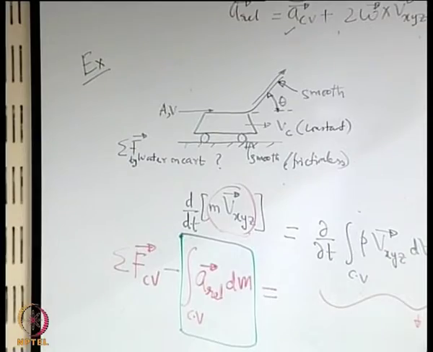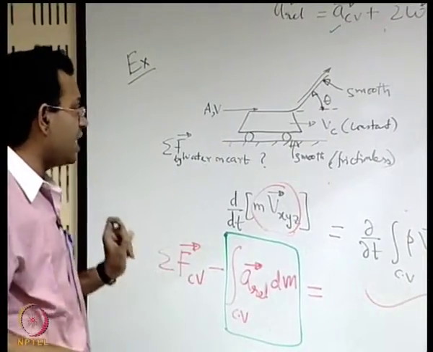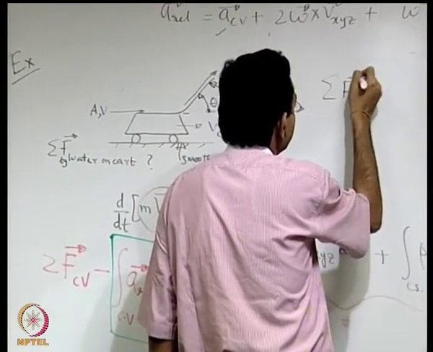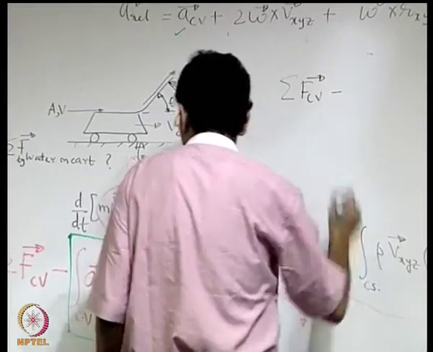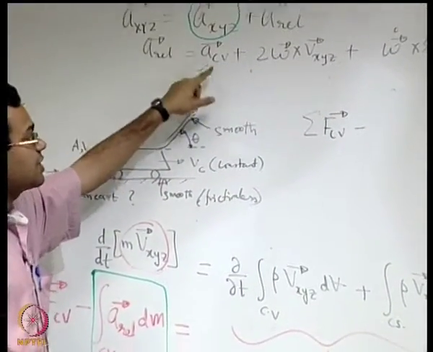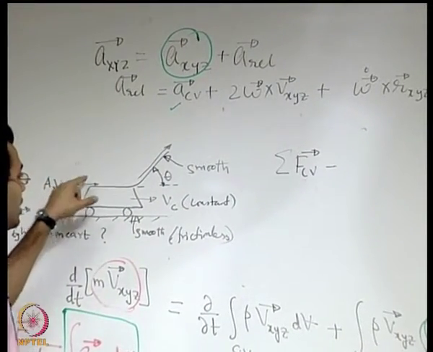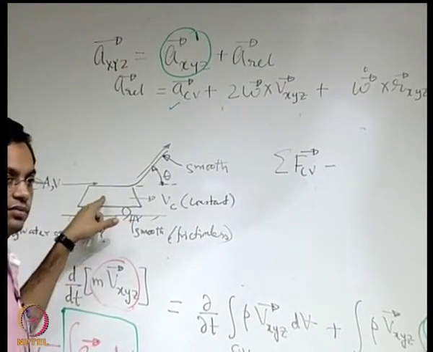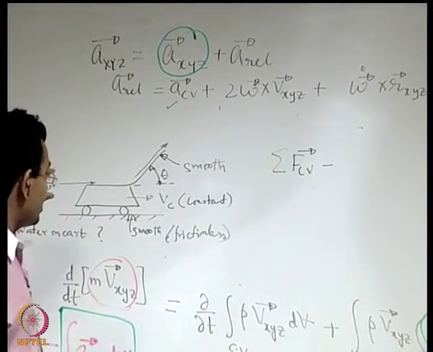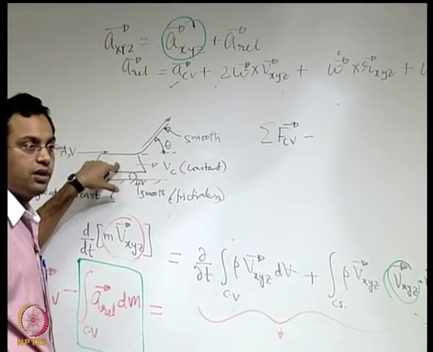So, let us try to write it relative to the moving reference frame. So, the left hand side, resultant force on the control volume, minus the relative acceleration. See what are the terms which are there. First is the acceleration of the control volume. Here we attach the control volume on the cart, that is we attach the reference frame, small xyz, on the cart.